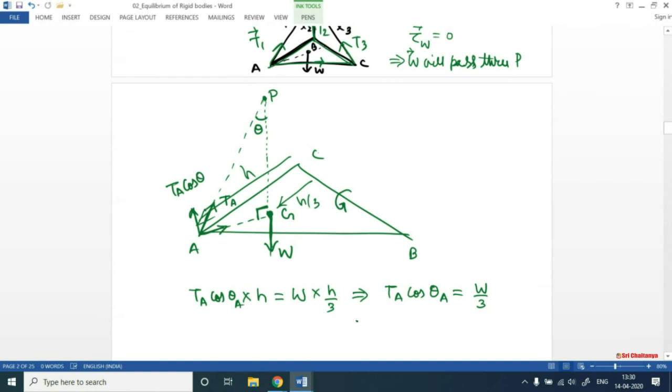So we can look at cos theta in this right angle triangle over here.